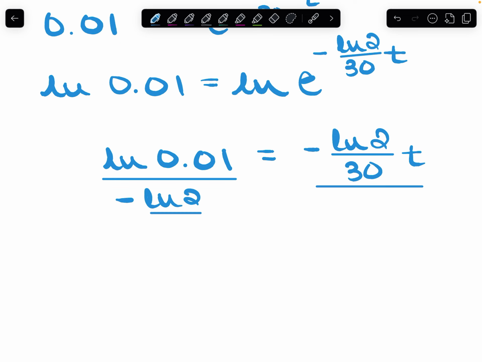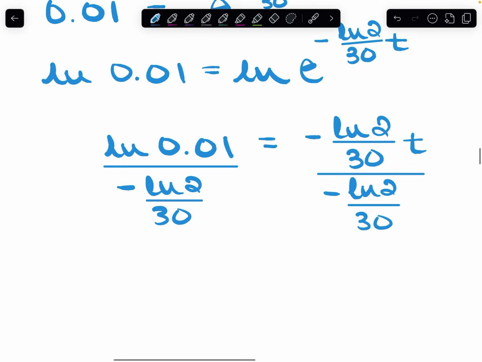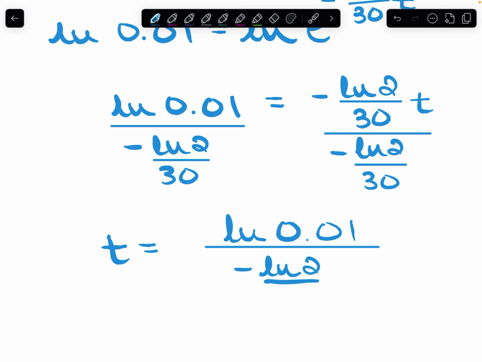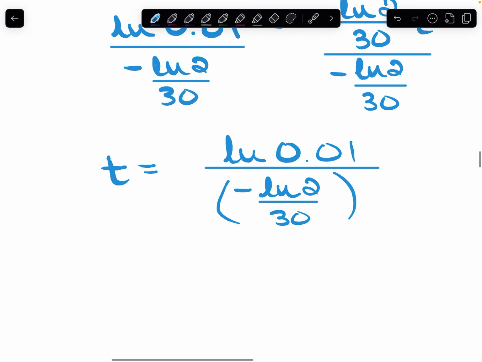So T is the natural log of 0.01 divided by negative ln 2 over 30. Make sure you get this typed in right, with some very careful typing with nested fractions.